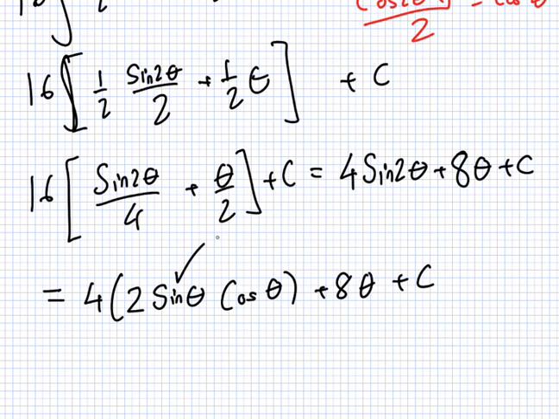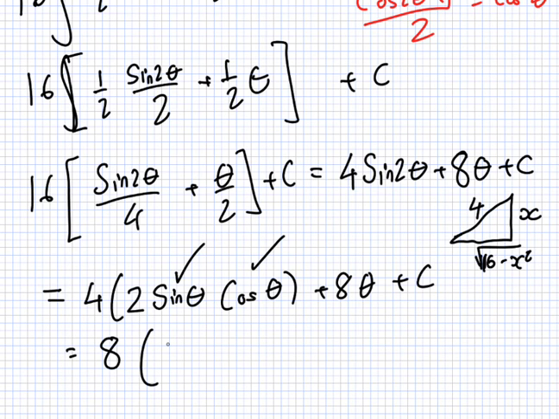We know what sine theta is, and we know what cos theta is from our triangle: x, 4 and root 16 minus x squared. So this will be 4 times 2, that's 8, sine theta which is x over 4, and cos theta which is root 16 minus x squared over 4, plus 8 theta.